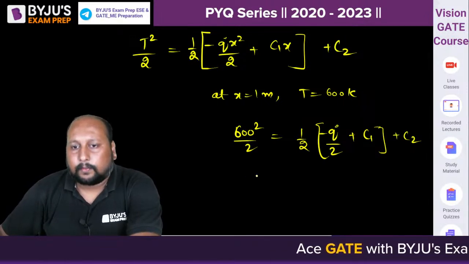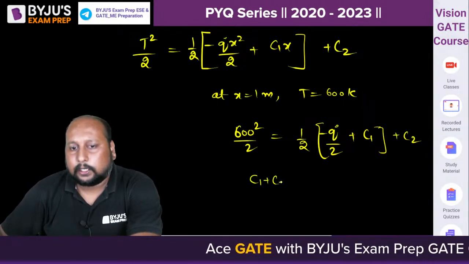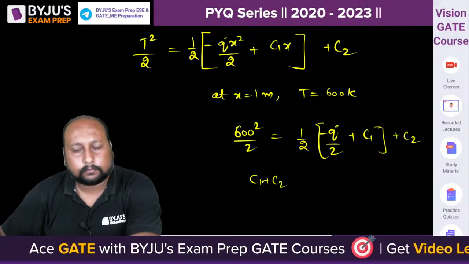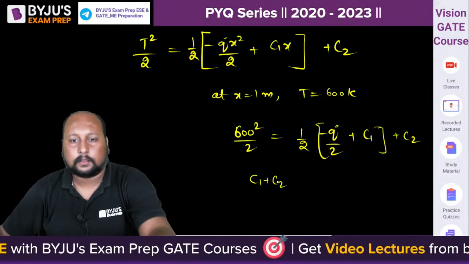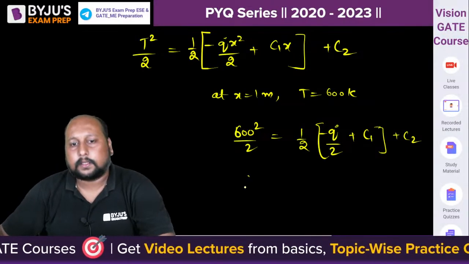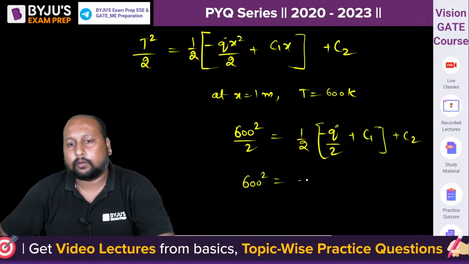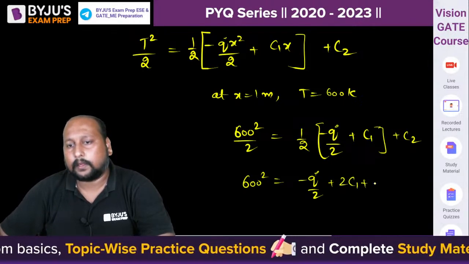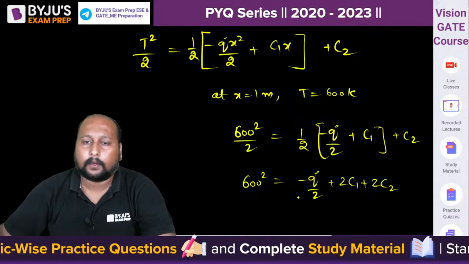So from here I can say, let's write it like this, 600 square is equal to Q dot by 2 plus 2C1 plus 2C2, right?